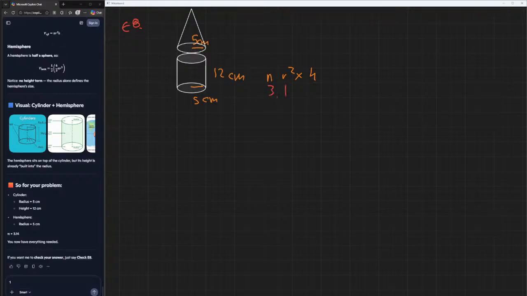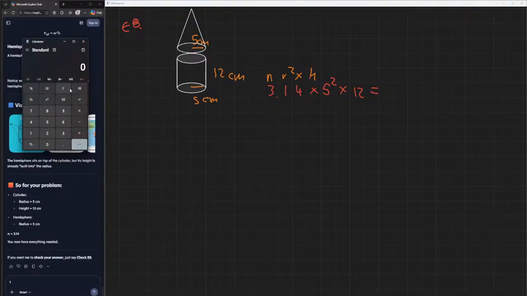Then we have 3.14 times the radius, which is 5 squared, times the height 12. 5 times 5 is 25, times 12 is 942.